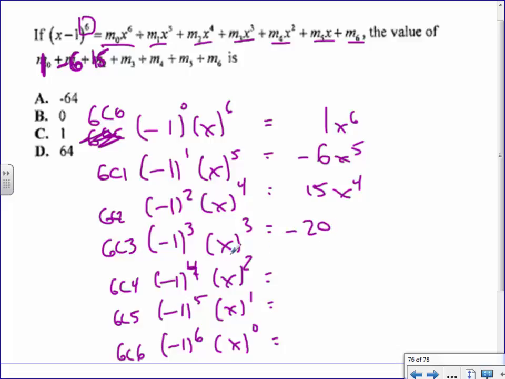But it'll be negative. You guys are ahead of me because the negative to the power of 3 will make it a negative. That'll be x to the 3. So that's going to be a negative 20 right here. 6 choose 4 is back to being 15, and I believe it's positive. Then this will be negative 6 again, and plus 1.